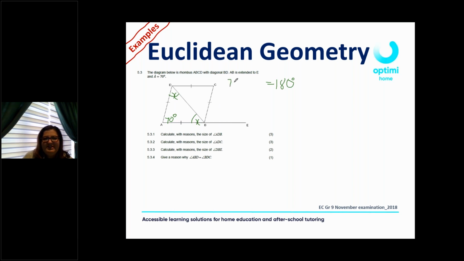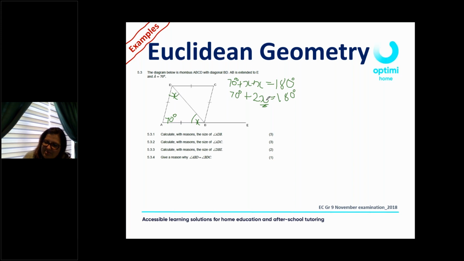So 70 degrees plus x plus x is equal to 180 degrees. It's because I need to get the sum of the interior angles of a triangle. So if I simplify this a bit, I'll get 70 plus 2x is equal to 180 degrees, right? So solving x will actually solve the value of this angle over here.